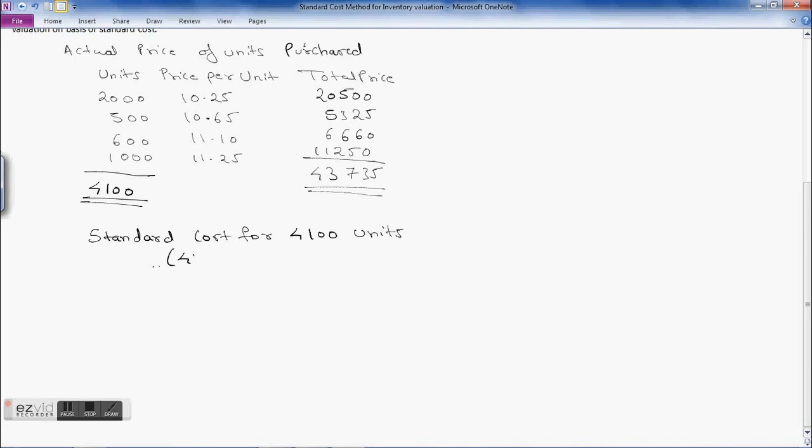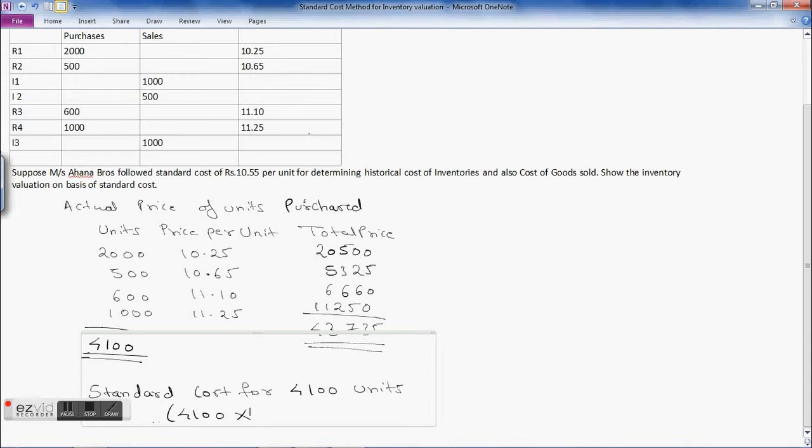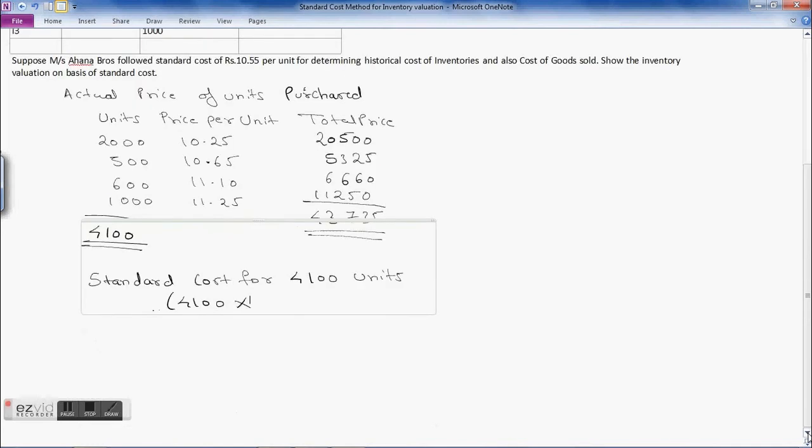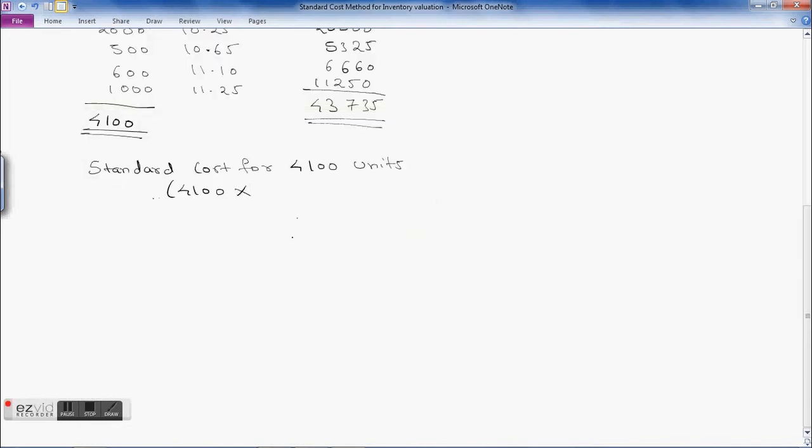The standard cost is 10.55. So 4100 into 10.55 comes to 43,255.